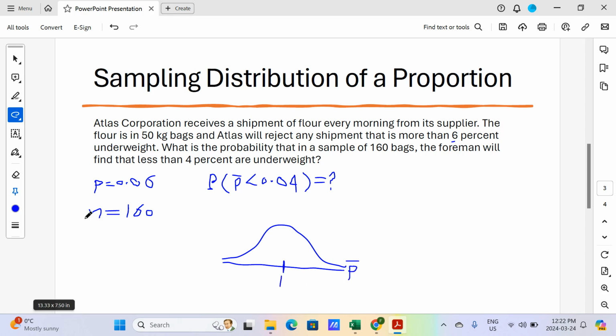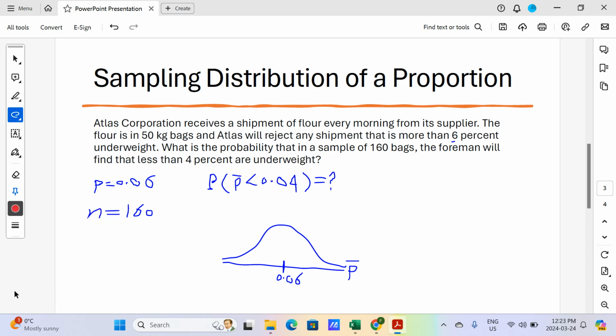So in the middle, I have population proportion. How much is it? 0.06. It's the mean value of P bar, mu P bar.